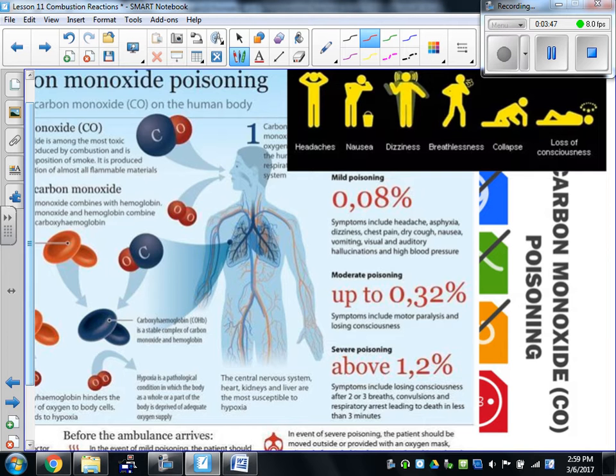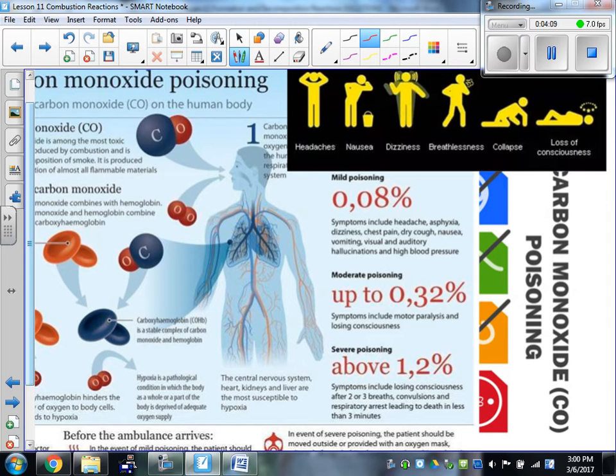And it goes through different stages. You can have mild, moderate and severe poisoning, and they'll tell you the percentages. The symptoms, which we covered in WHMIS, are headaches, nausea, dizziness, breathlessness, you collapse, and eventually you lose consciousness.